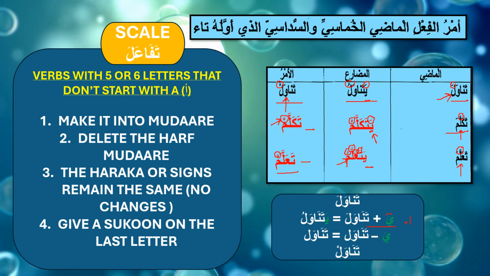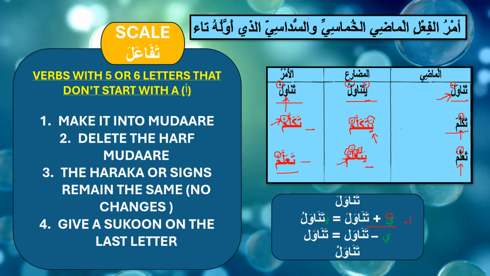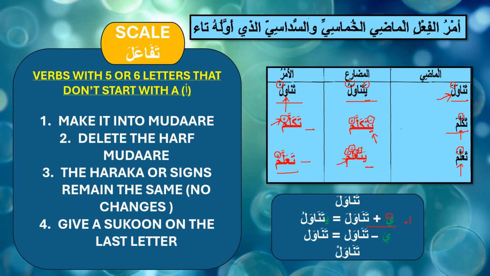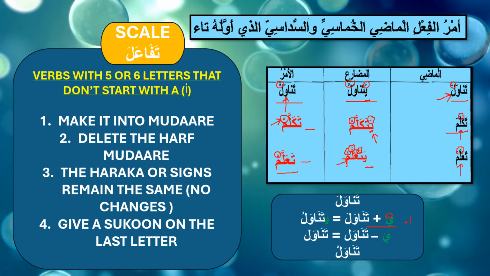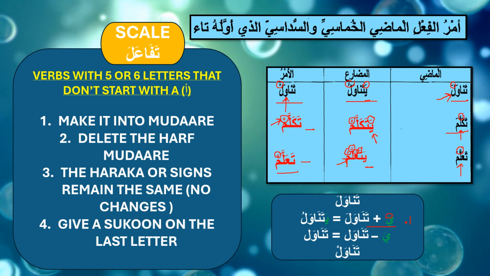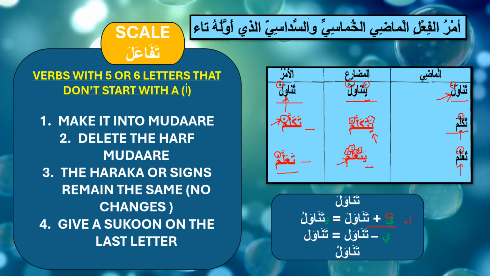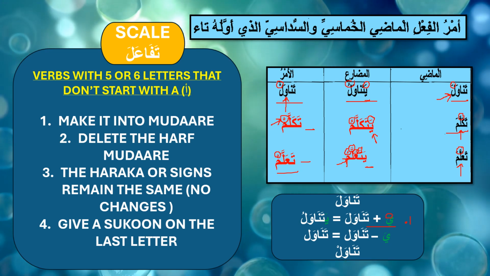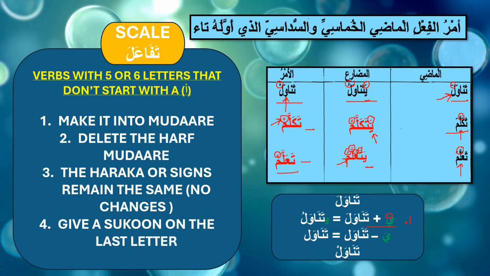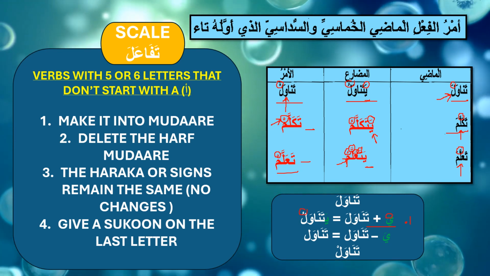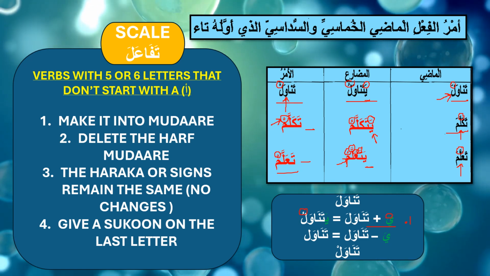Remember, by adding a harf mudare with fatha. So when you add the ya harf mudare, or any of the harf mudare from anaitu, it becomes yatanawalu. You can see the fathas on all the letters are the same except the dhamma on the last letter, because it's a present tense structure now.